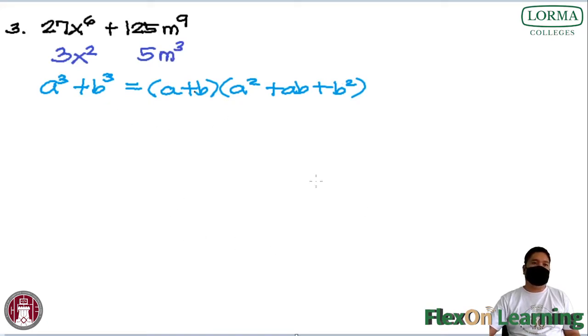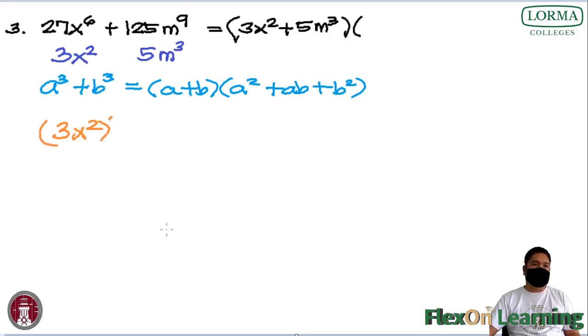So this would be factored out as, we have a plus b is 3x squared plus 5m cubed. Then you square the first one. We already discussed that during your laws of exponents. When we square 3x squared, we have to distribute the square, so that would be 3 squared and x to the 2 times 2, or 9x fourth.